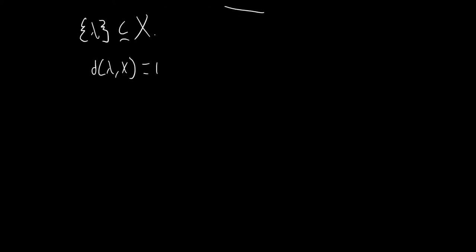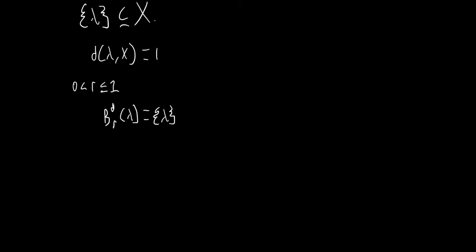Having observed that, if we pick any r which is greater than 0 but less than or equal to 1, then the ball around lambda with radius r is only going to have lambda in it, right? Because there's no point closer than a distance of 1 to lambda, and the distance of lambda to itself is 0. So of course it would be in the ball.